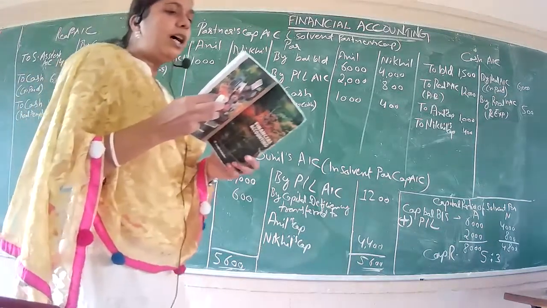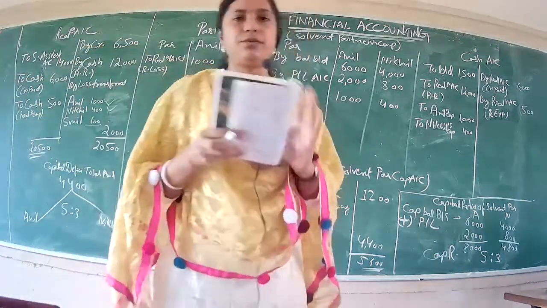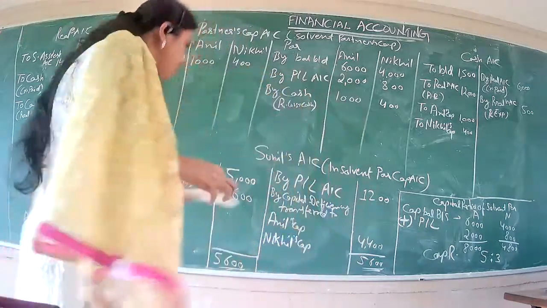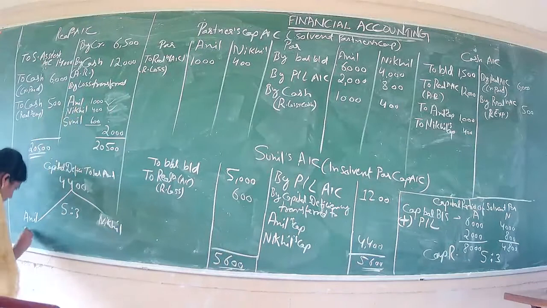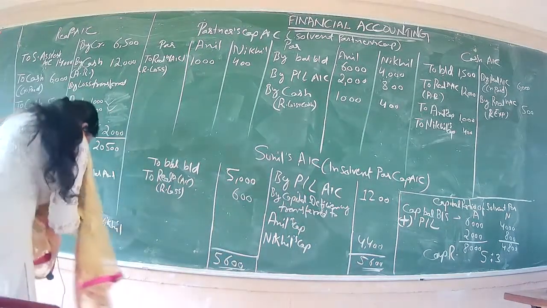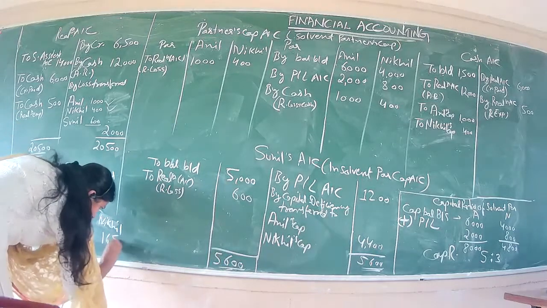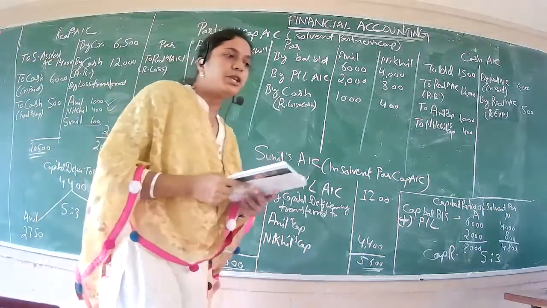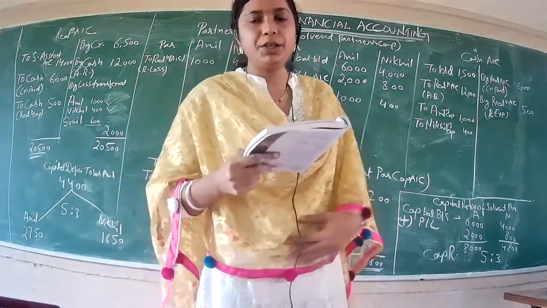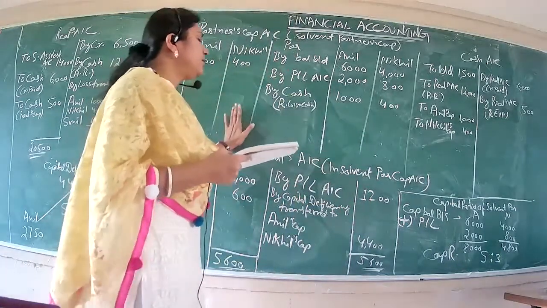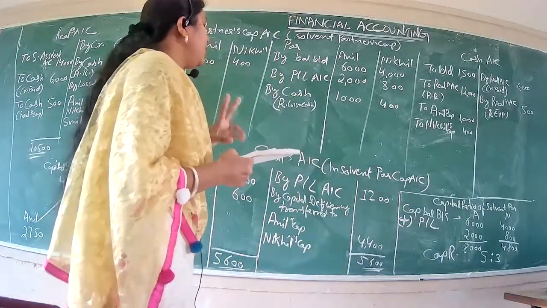If you divide 4,400 in the 5:3 ratio, you get 2,750 and 1,650 rupees as their share of capital deficiency. Clear? Under your Garner versus Murray rule, there are two things you mainly have to remember.